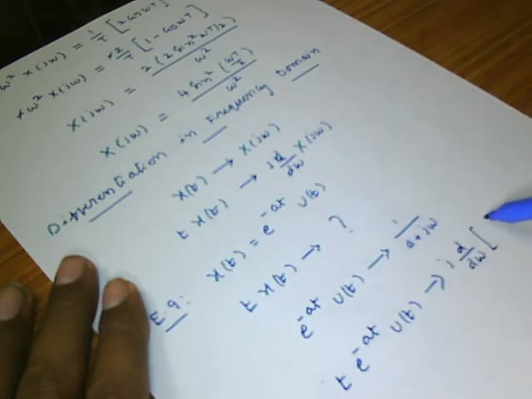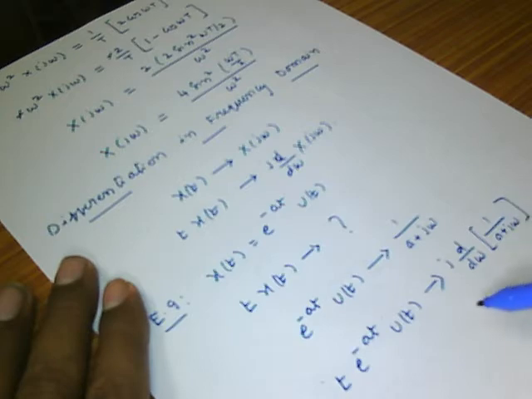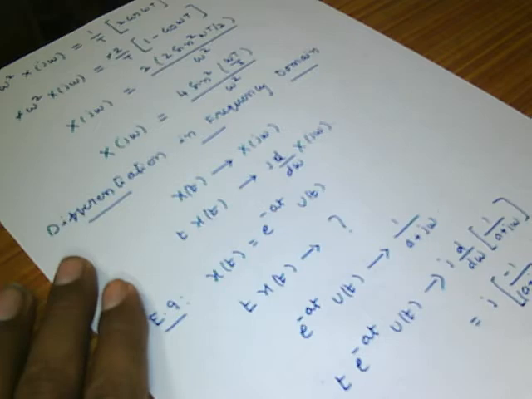X of j omega is 1 by a plus j omega, so this will be equal to j into minus 1 by (a plus j omega) whole square into again j.